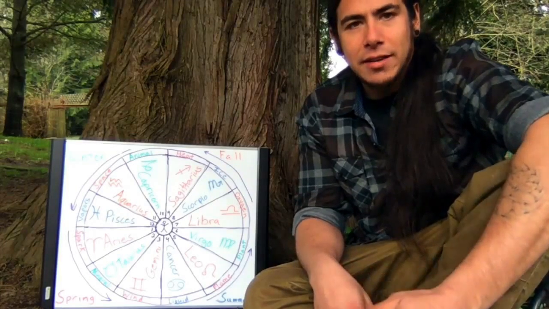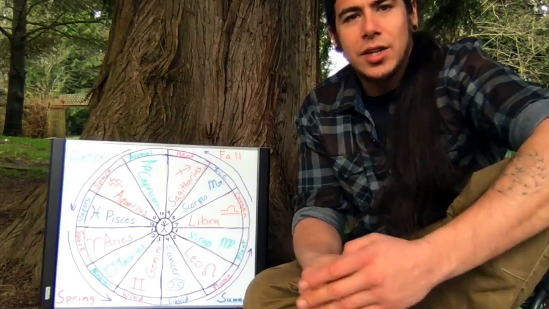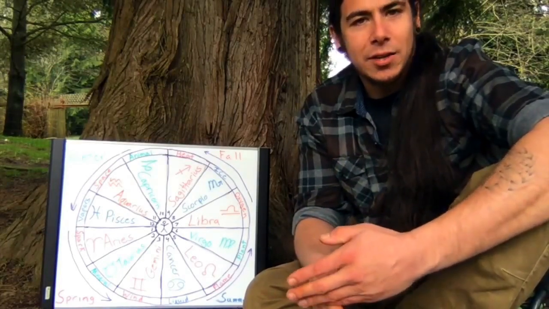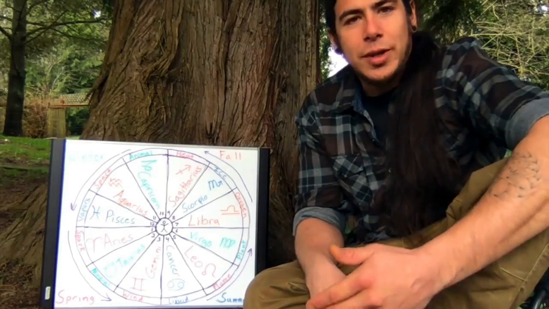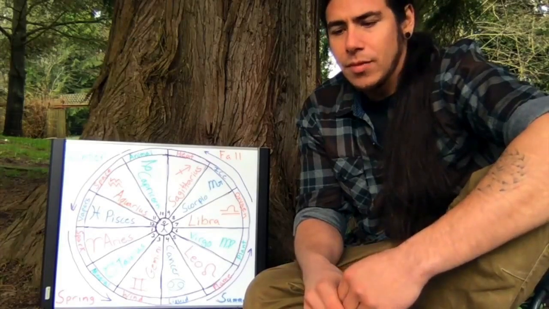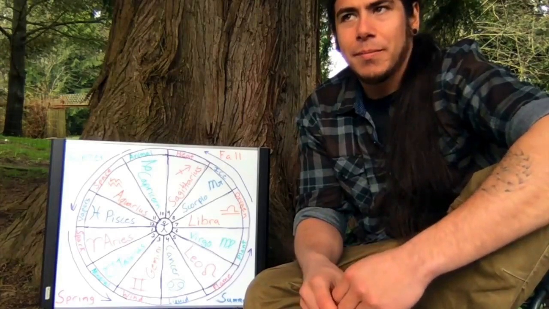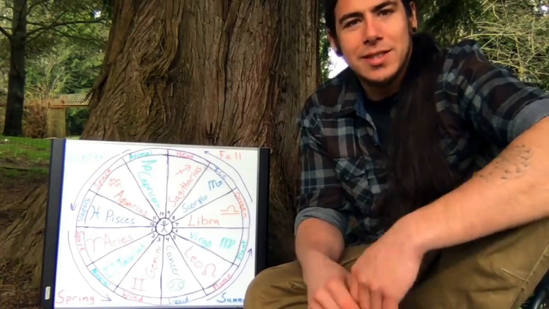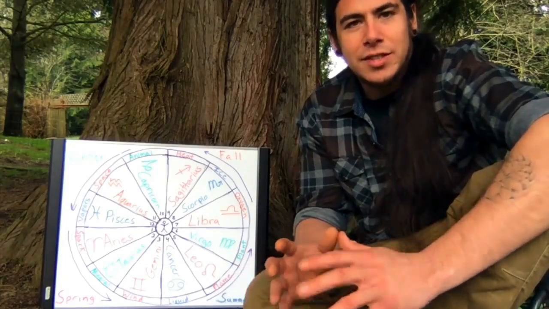And I want to bring it to life for you guys. Each sign has a connection to one of the elements: fire, earth, air, water. And then in astrology we have the Trinity: cardinal, fixed, and mutable. But to go beyond those words, the labels: cardinal means initiating, fixed kind of holds things, and mutable shifts and changes.